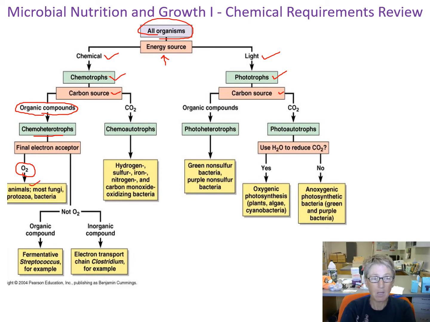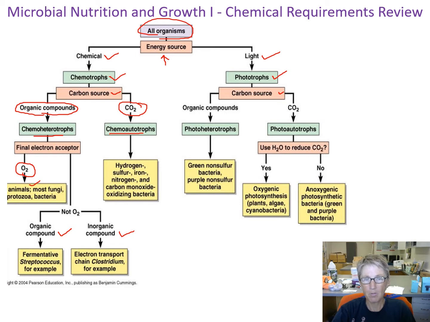If your final electron acceptor in the electron transport chain is not molecular oxygen, it could be some organic compound, then you would be doing fermentation. Or it could be an inorganic compound as your final electron acceptor. So if you are a chemotroph and your carbon source is carbon dioxide, then you are called a chemoautotroph.